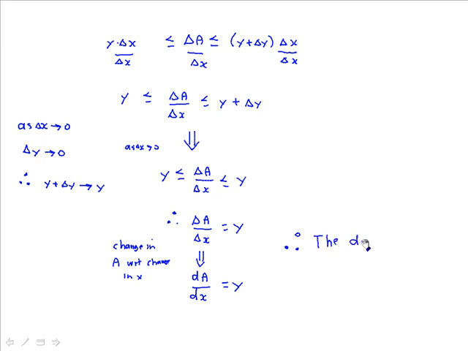So therefore, just write that out here, the derivative of the area function is y, let's say, y equal f at x. So if you're given the area function, by differentiating it, you'll get the original function that you're graphing.